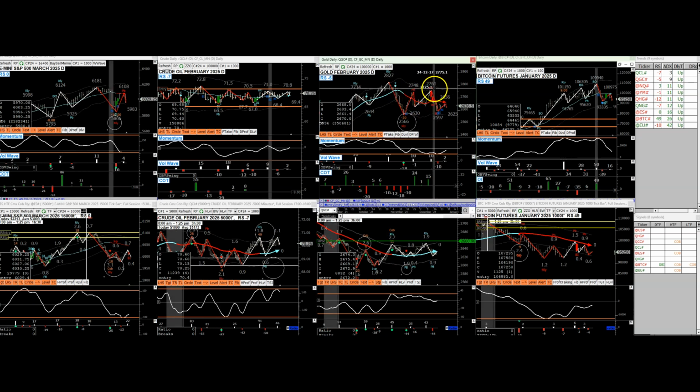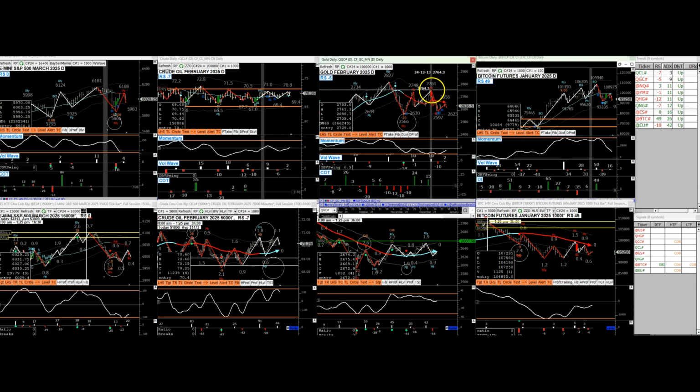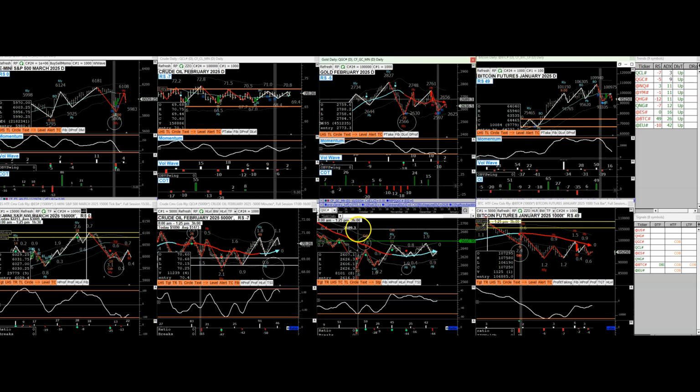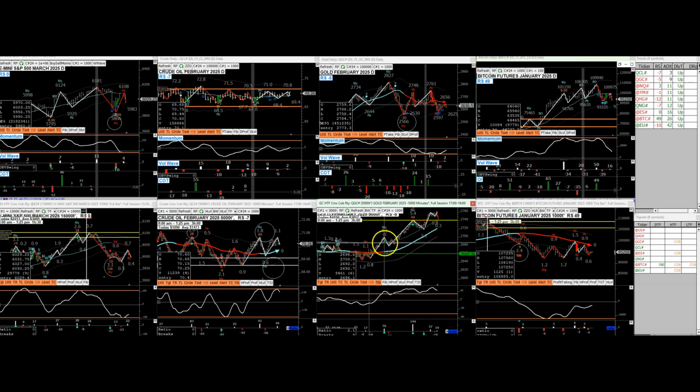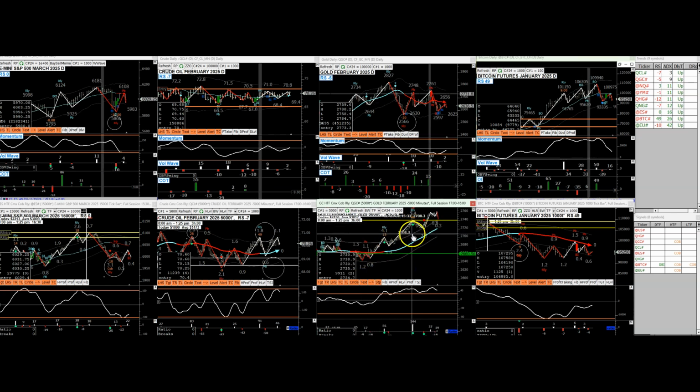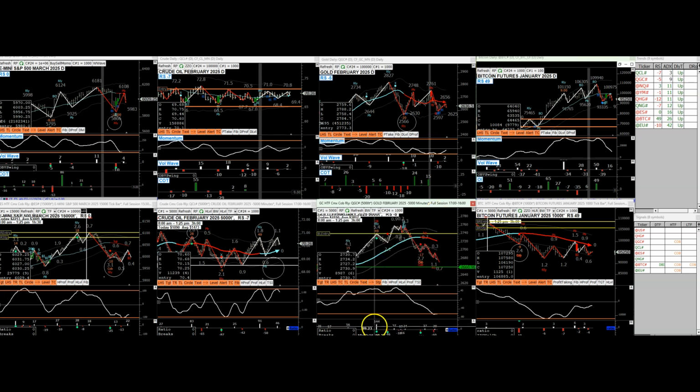What happened on the second pullback at 2761? So it was going up and up and up. Here's the exhaustion climax right here with the biggest buying in 49 up waves.